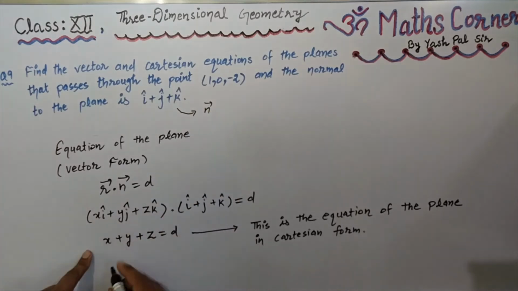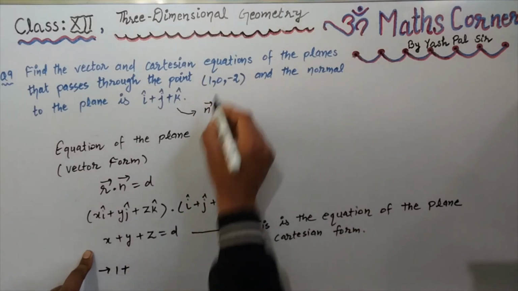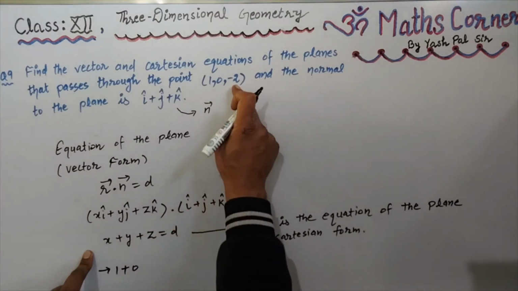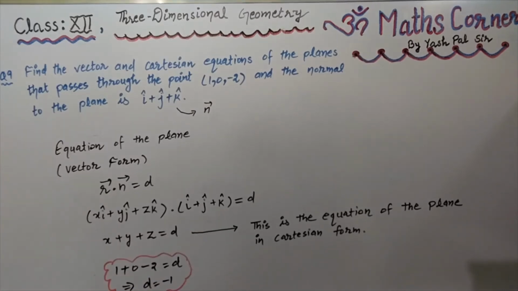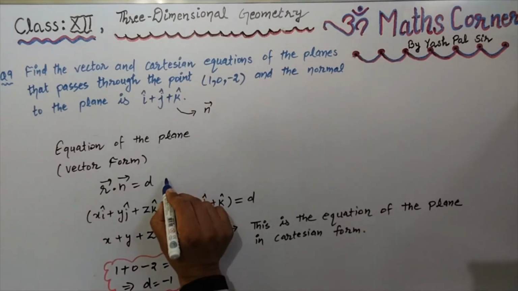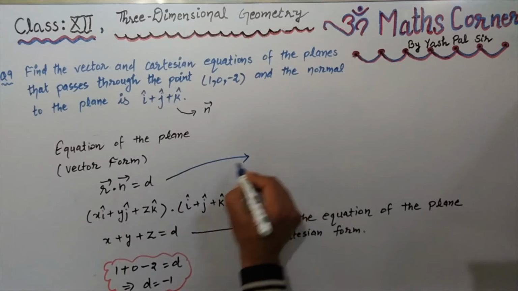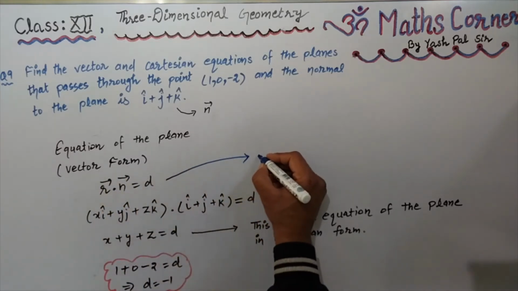Now this is the condition. The plane passes through the point (1, 0, minus 2). So in place of x we put 1, plus y is 0, z is minus 2, is equal to d. This gives us d is equal to minus 1.